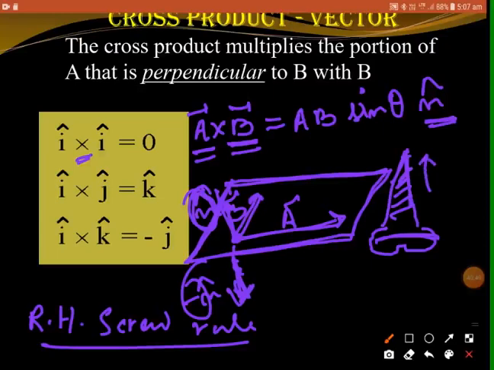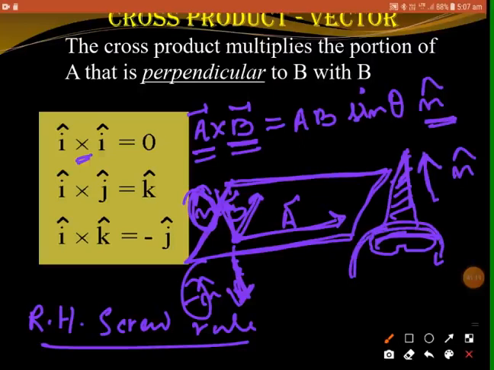If we turn the head of the screw clockwise and the screw advances forward, we call it the right-handed screw rule. Now for us, you try to turn from the first vector to the second vector, as in the right-handed screw rule, turning the head of the screw.